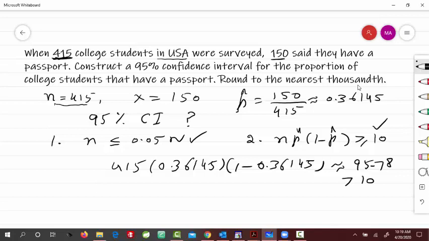So this second condition is satisfied, it means that our model would work, and we can find this 95% confidence interval.